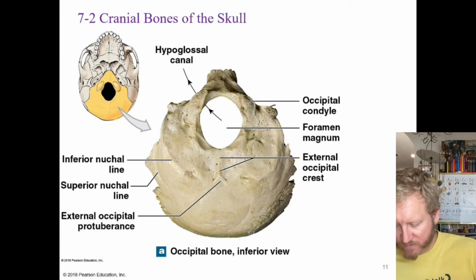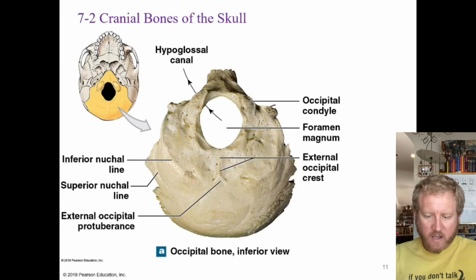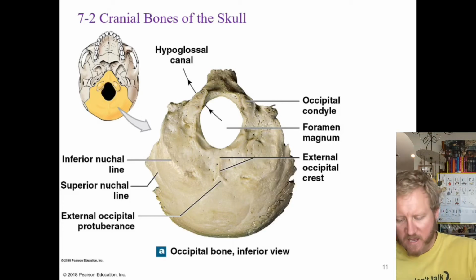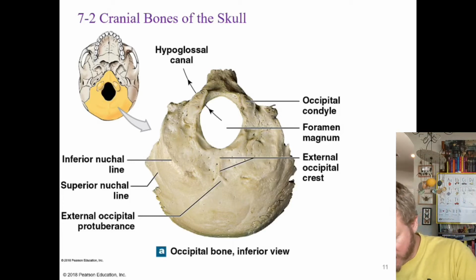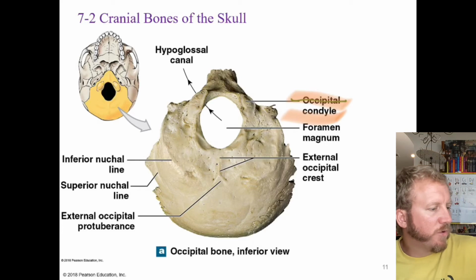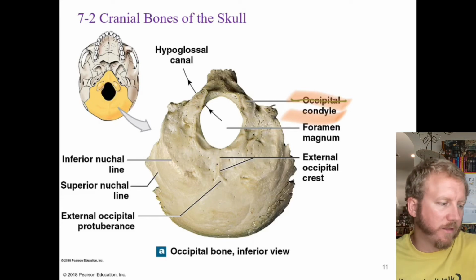And so here is that occipital bone. It forms the base of the skull and the back of the skull. A couple of important regions and markings that we need to know about. One of the main markings are the occipital condyles. And those are where the first vertebrae of your back articulate with the skull.